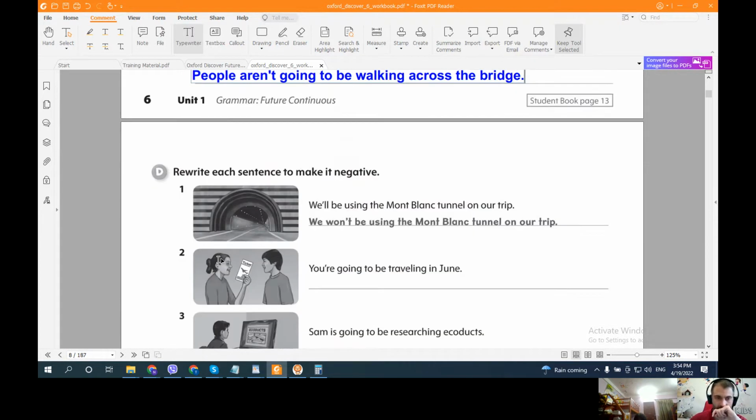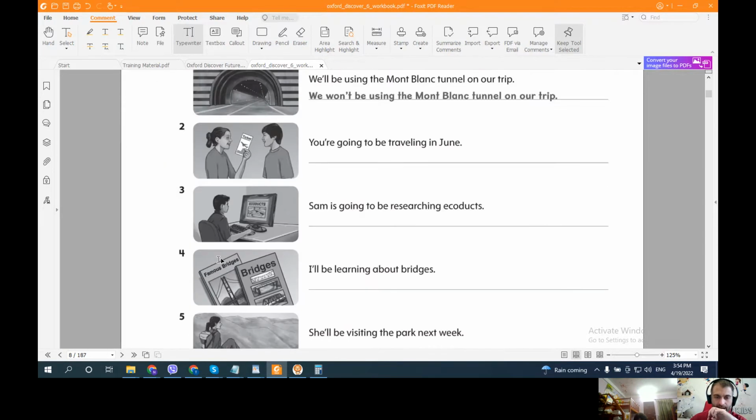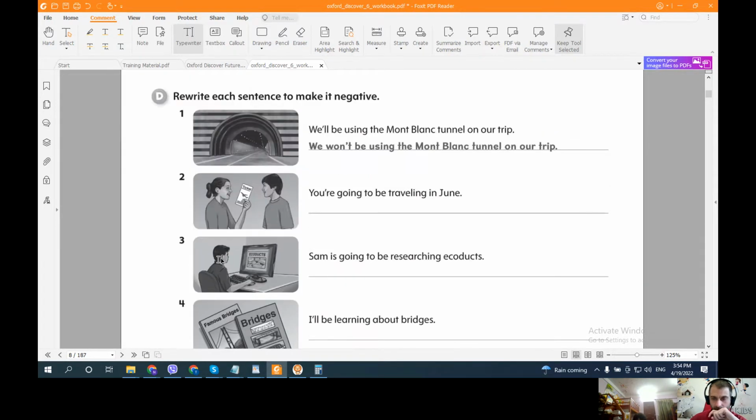We have here rewrite sentences, make negative. Okay. Can you please read the sentence number 1? Number 1, we won't be using the Mont Blanc tunnel on our trip. Okay, so we have number 2. You're going to be traveling in June.